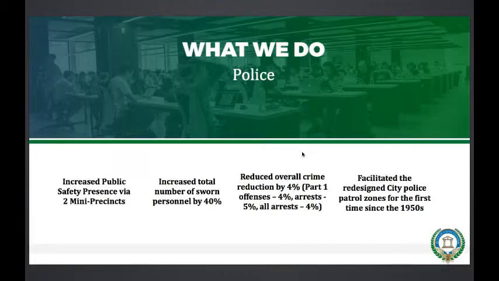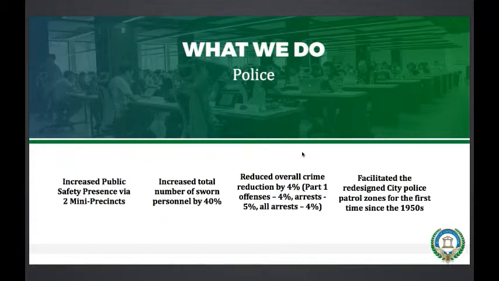We were also able to increase our number of sworn personnel by 40%, and that number is continuing to increase as we are expecting another class to begin this week, so that we have additional sworn personnel within the police department, which means we have more officers on the streets to be able to provide those patrol services. We were also able to reduce the overall crime by 4% for those Part 1 offenses, as well as arrests by 5% and all arrests by 4%.